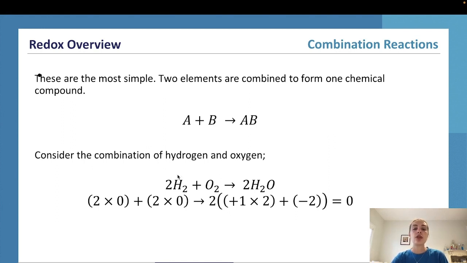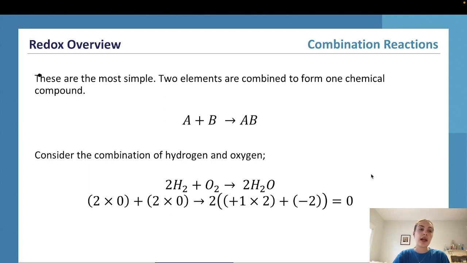So when the hydrogen loses those 4 electrons, because we've got 2 times 2 is going to give us 4, it's going to lose 4 electrons and give those 4 to the 2 oxygen atoms, because 2 times the oxygens, and then those 4 electrons which are lost are lost from the hydrogen, resulting in the hydrogen being oxidized and the oxygen being reduced.